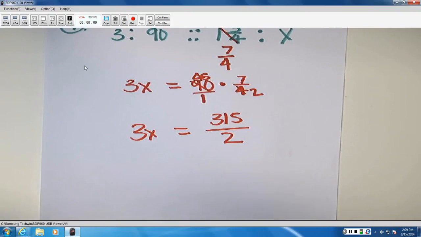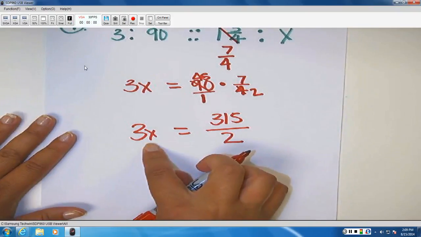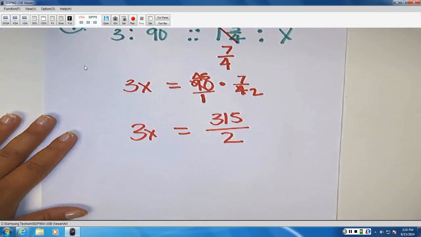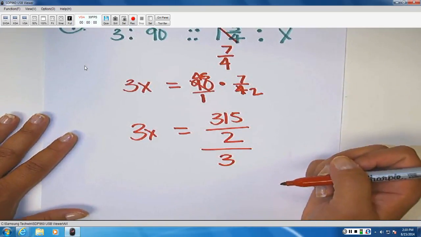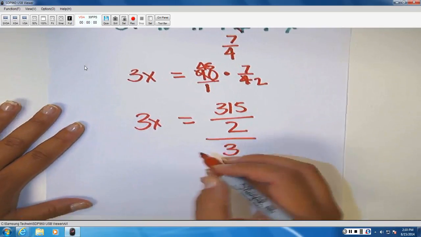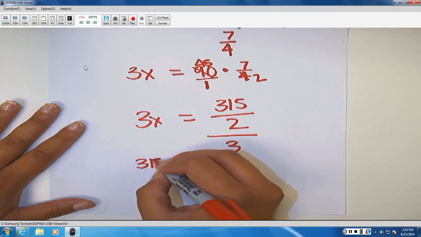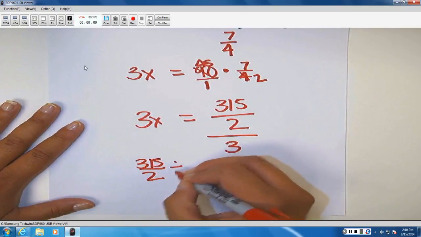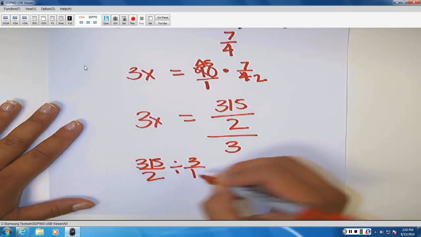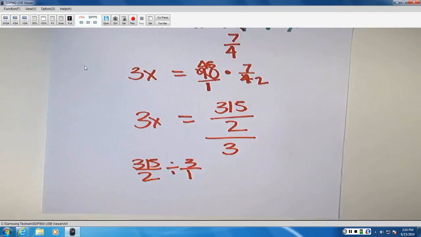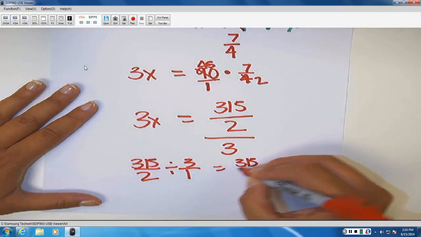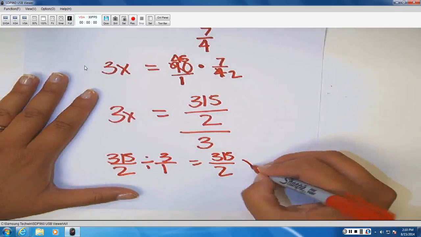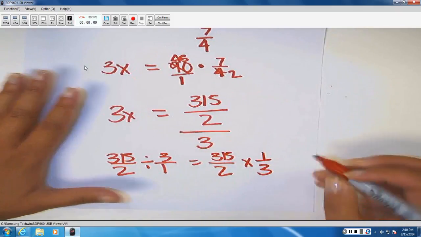So now you know that you're going to take this 3 and divide it to the other side. So it's going to look like this: 315 halves divided by 3. I know that I'm going to flip that second fraction over so I can multiply. So that turns into 315 halves times 1/3.